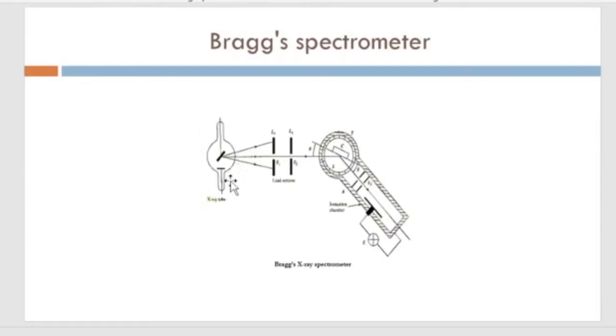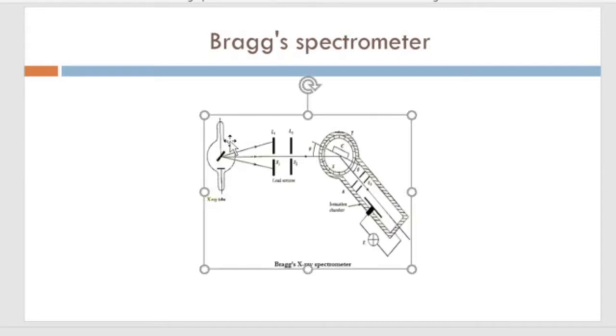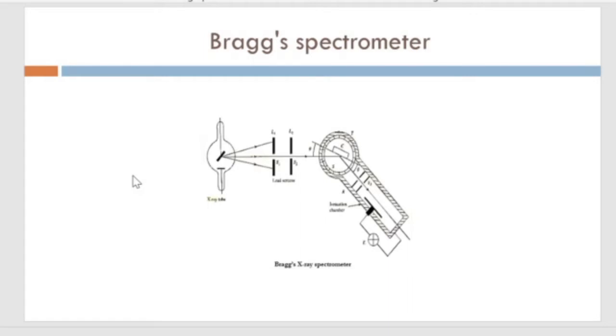The X-ray tube is used to produce the X-rays, which are produced in all directions. They are made monochromatic by using filters, and then made to fall on the slits S1 and S2. After passing through the slits S1 and S2, they fall on the crystal, that is C. C is a crystal.